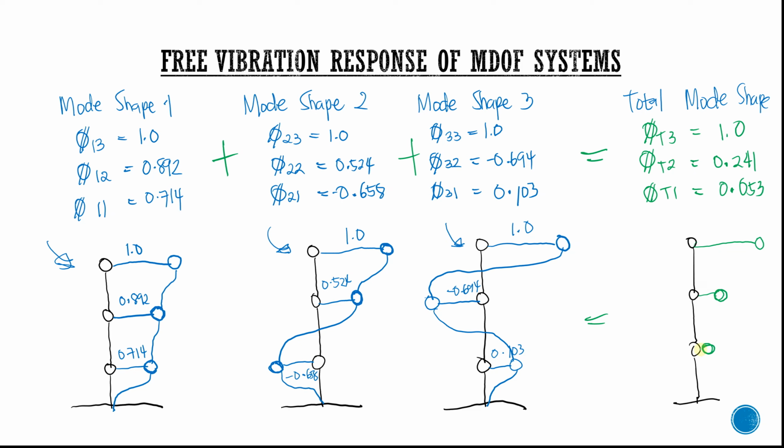So this is the total mode shape of the building. This is the 1.0, and then this is the 0.241, and then we have the 0.05.